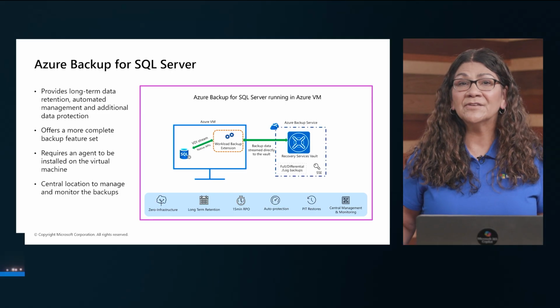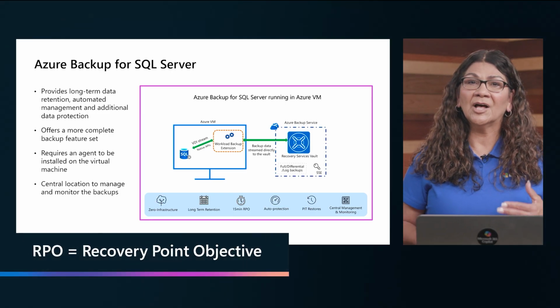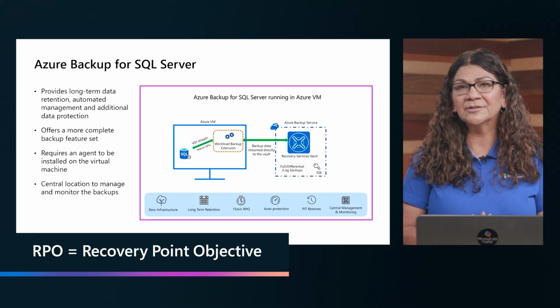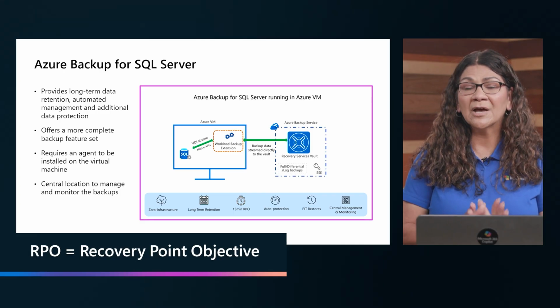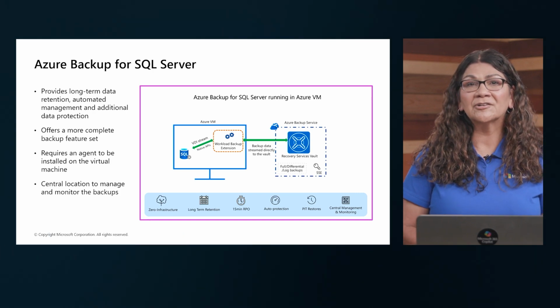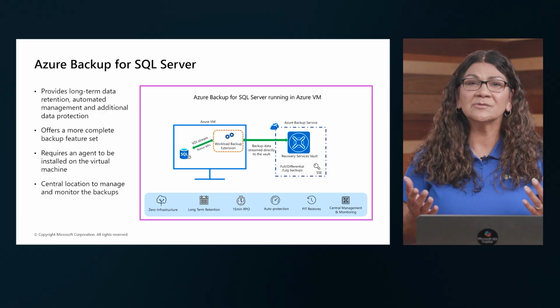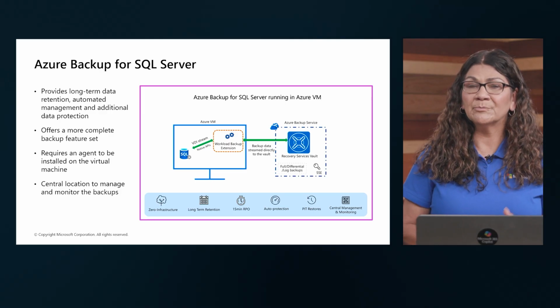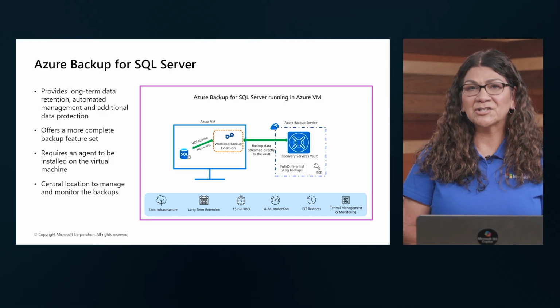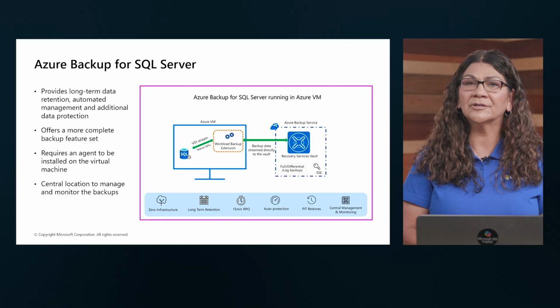It supports a 15-minute RPO, helping us meet stringent recovery objectives, which I'm sure we do have. Remember to make sure that the agent is properly installed and configured, regularly review the backup policies and retention settings, and make certain also to monitor the backup health and alerts from your central dashboard, making certain the backups are going through.